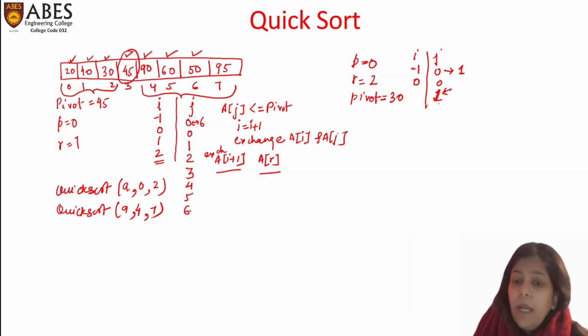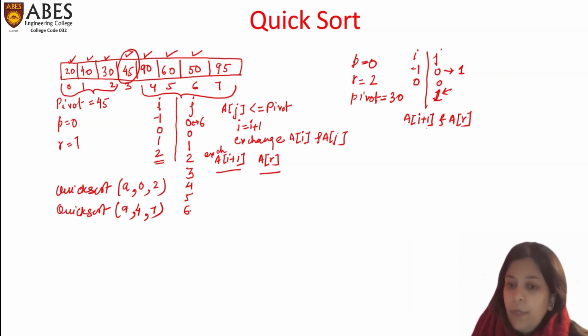And after coming out of this j loop, what we are going to do is exchange A of i plus 1 and A of r. That was the pivot element. We are going to exchange these. Now the value of i is 0 and the value of i plus 1 will be 1. So we have to interchange A1 with the pivot element.